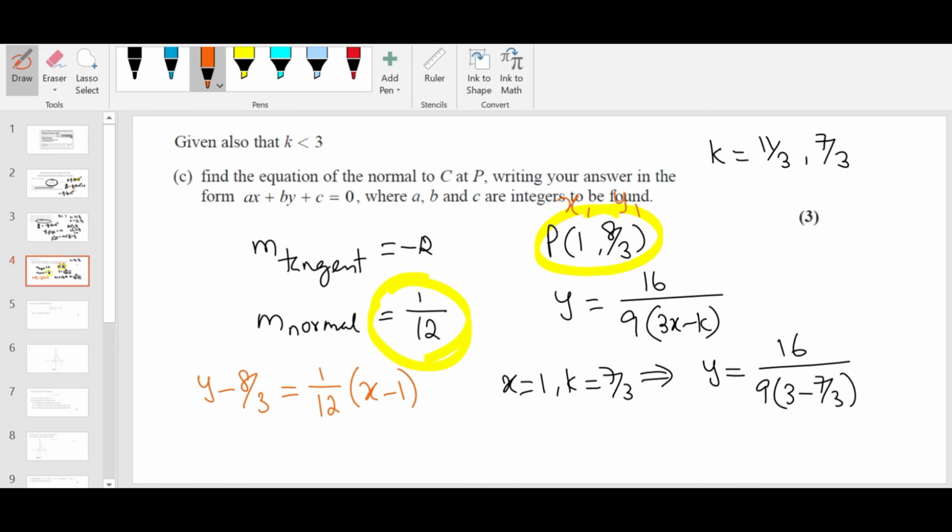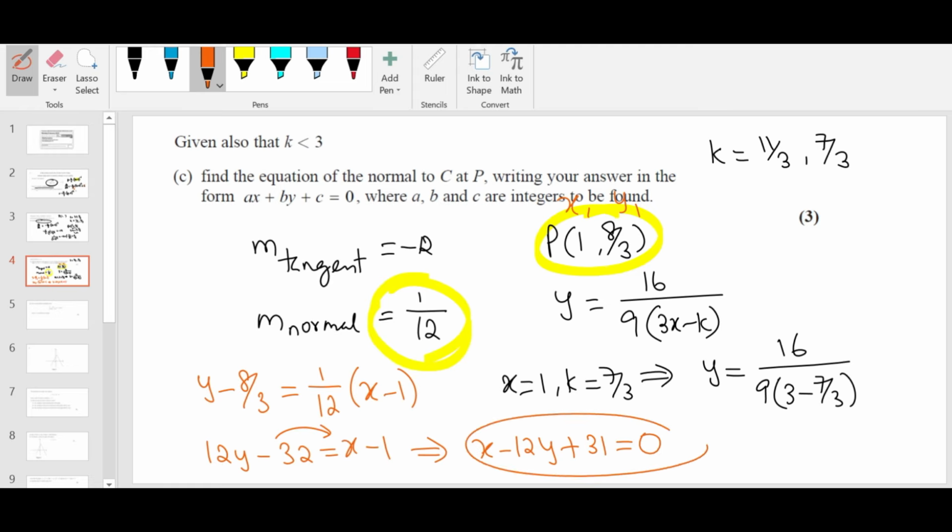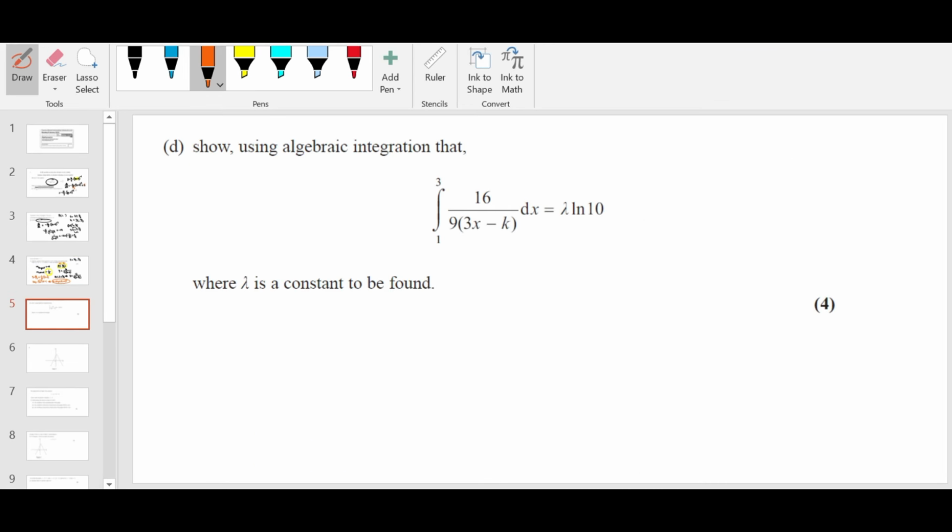Multiply throughout by 12, you'll get 12y minus, when you multiply this by 12, you'll get 4 eights or 32, is x minus 1. Put everything on one side, you will get x minus 12y plus 31 is equal to 0. That's the equation of the normal. In a 3-mark question. Part D of the question, they want us to integrate it now.